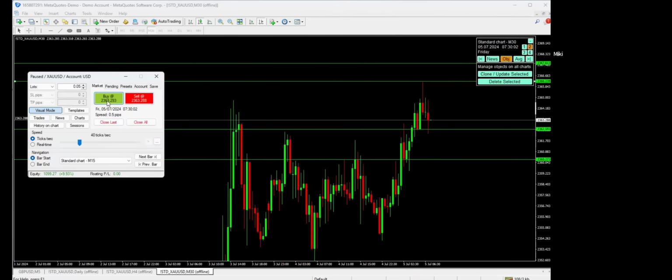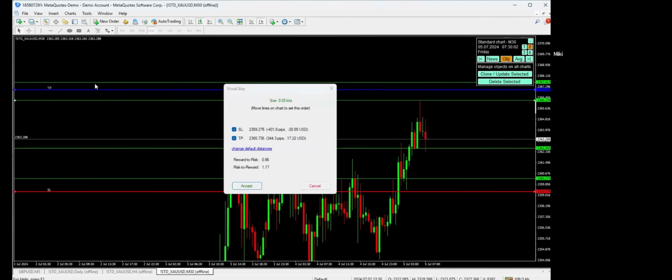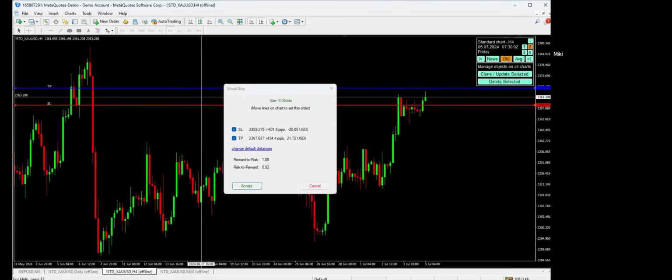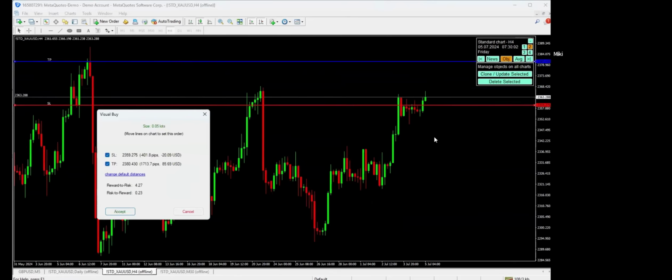You know, I'm just going to take the buys here, and I'm going to start my stop loss below this last support. I'm going to have the TP, so that's 40 pips. Let's have the TP up here, at the 4-hour level.